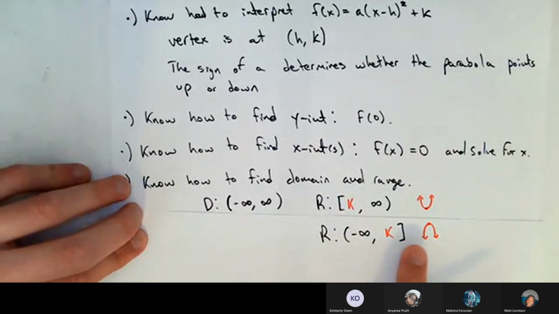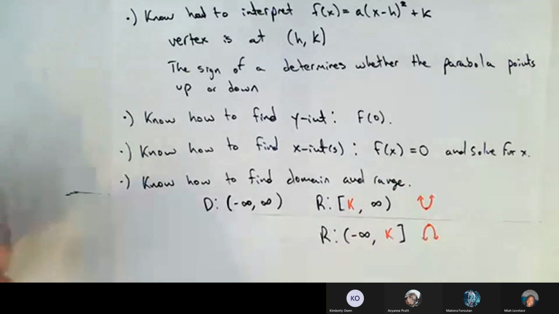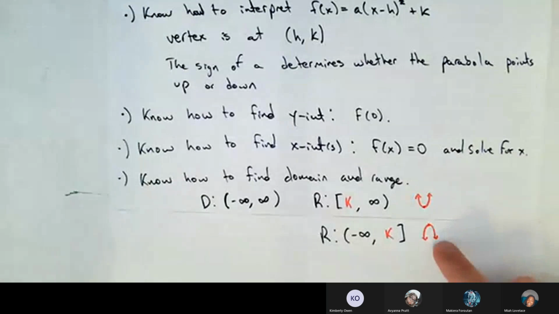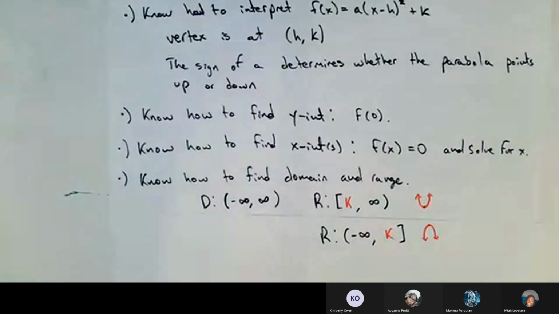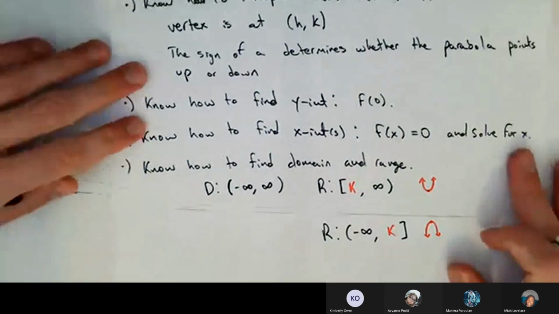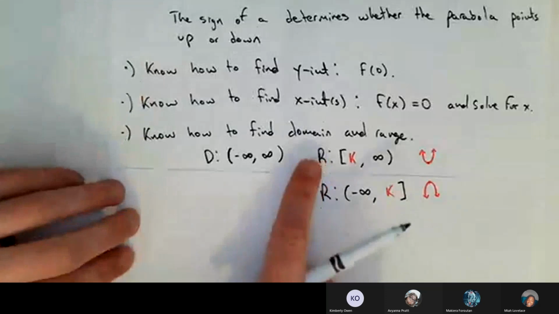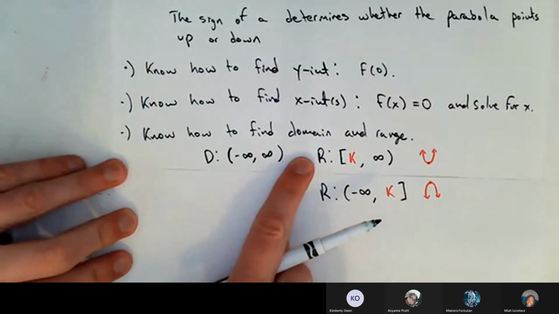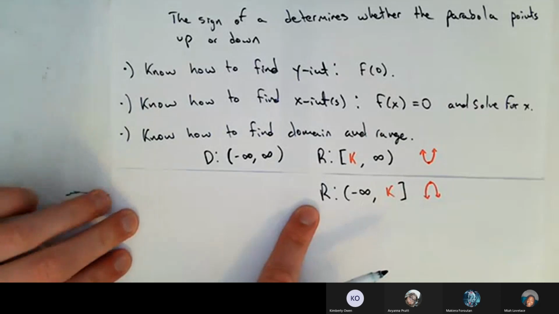Either way, that extreme value, either minimum or maximum, is happening at the vertex. And that also dictates what the range is going to look like. So this is for a function that has a minimum, and this is with a maximum.